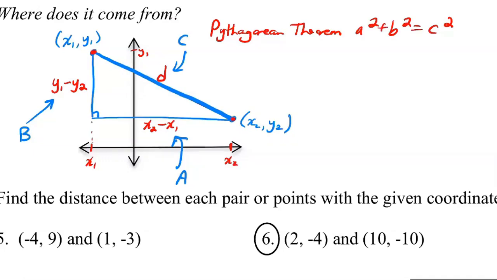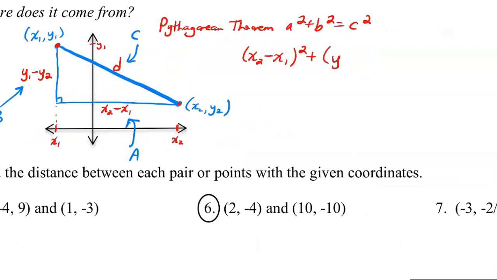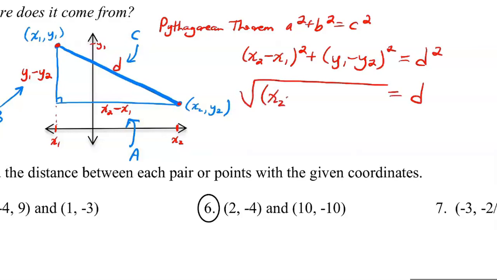So we would have x2 minus x1 squared plus y1 minus y2 squared equals the distance squared. And solving for d, we would square root both sides. And that would give us the square root of x2 minus x1 squared plus y1 minus y2 squared.